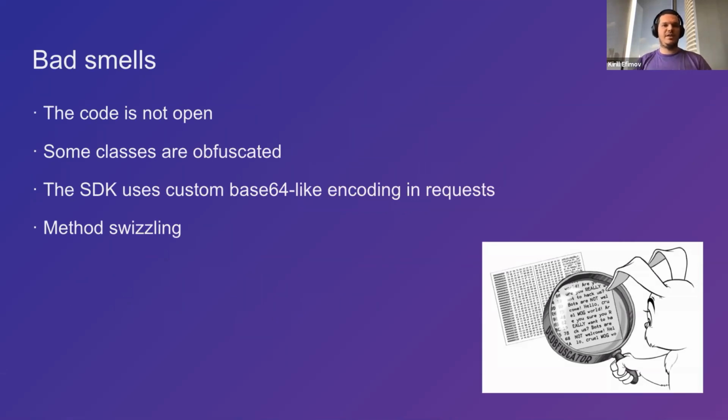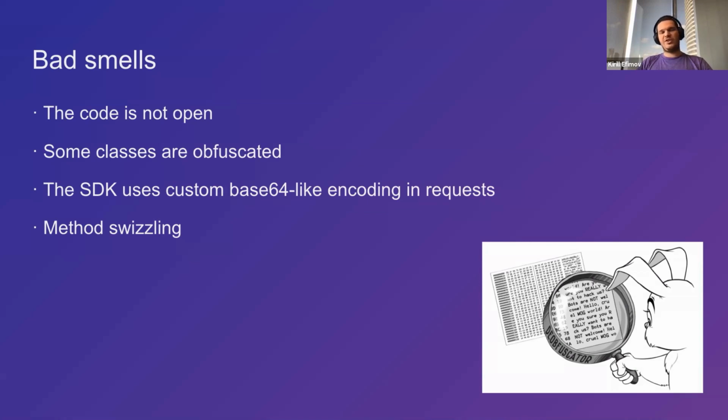When we started it, we immediately observed some suspicious markers. First of all, the code is not open. It's not suspicious by itself, but it is really unusual for a CocoaPod to be closed source. We found that some of the classes and pieces of code are obfuscated, but most of the classes are not, so we started to look at the obfuscated ones at the beginning.